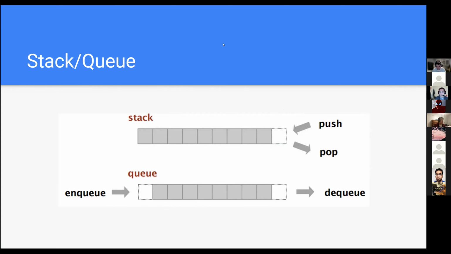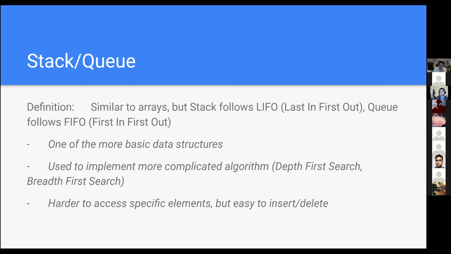It's one of the more basic data structures. It's used to implement more complicated algorithms such as depth first search and breadth first search. It's harder to access specific elements, but it's easy to insert and delete as you're only putting it on top.